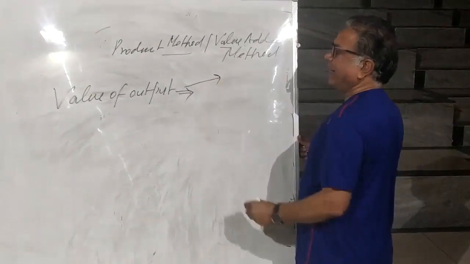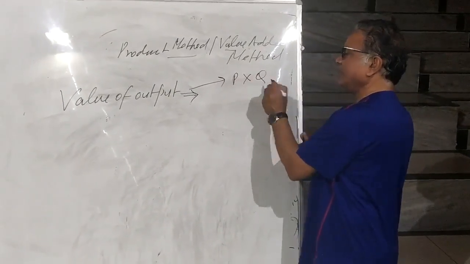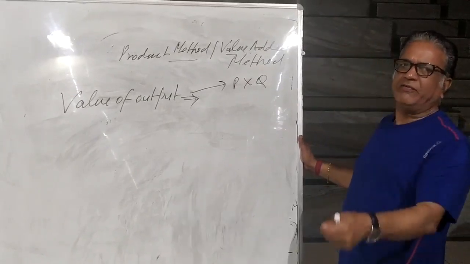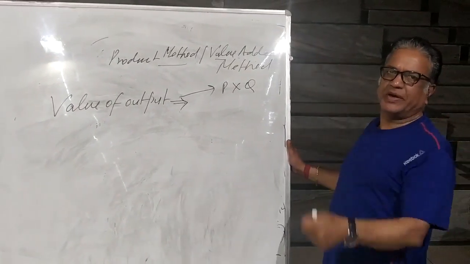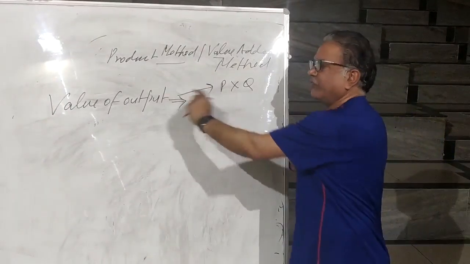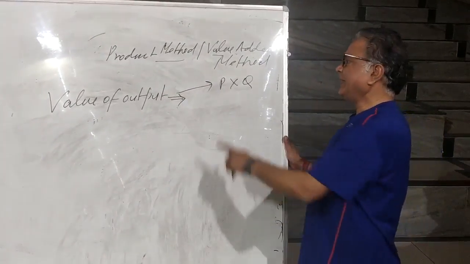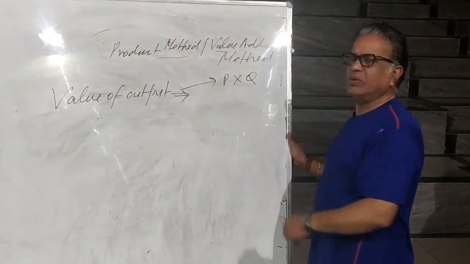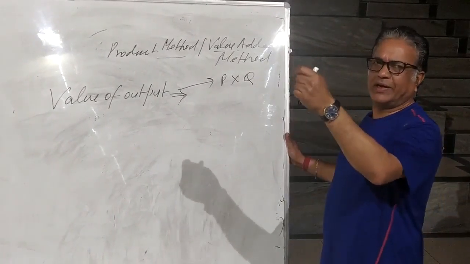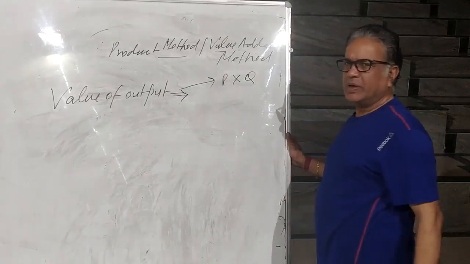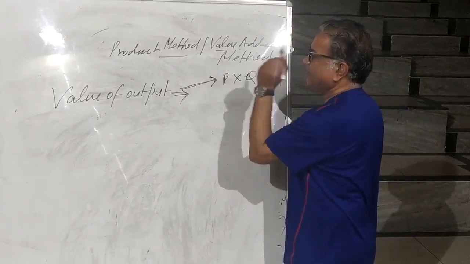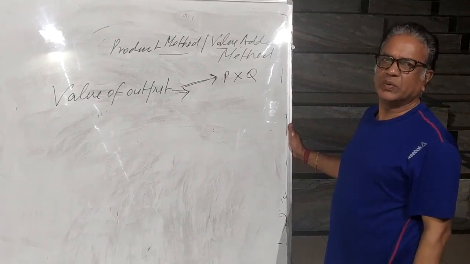How do we calculate the value of output? P into Q. If you have been given 5 items, and their quantity and the price per unit are given, and you have been asked to calculate the value of output, what will you do? In each case you will go for P into Q, and once you calculate the value of each output, you add them, you will get the value of output. The first way of calculating the value of output is P into Q.